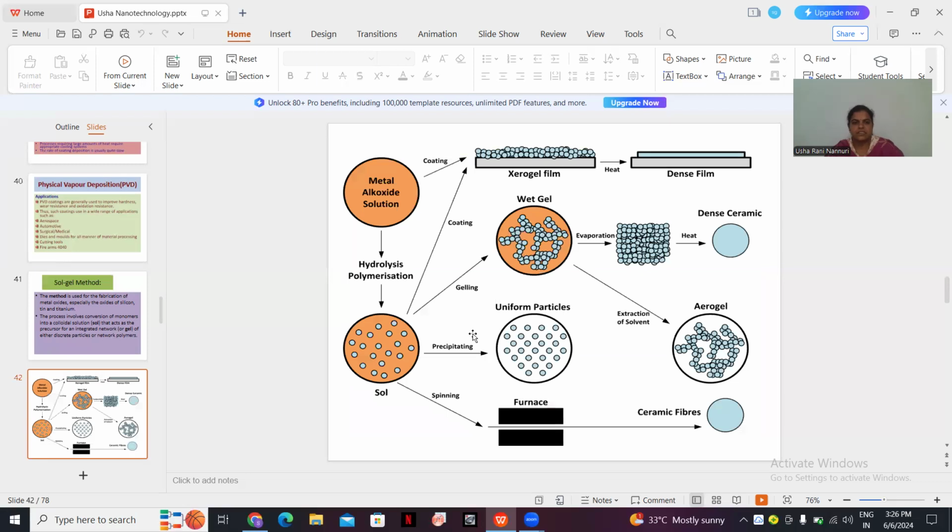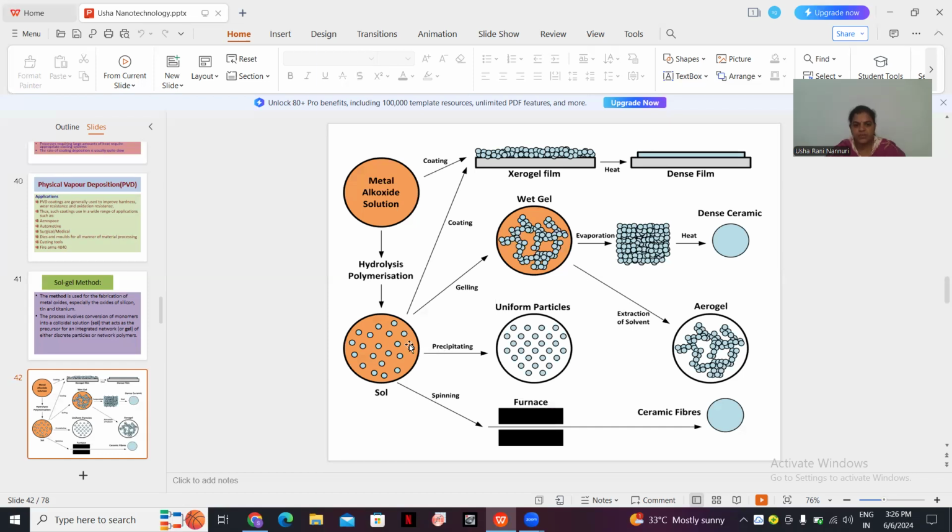This is the schematic diagram of the sol-gel process. By hydrolysis and polymerization, a metal oxide solution is formed. After coating, it forms a xerogel film. By heating the xerogel film, a dense film is formed.